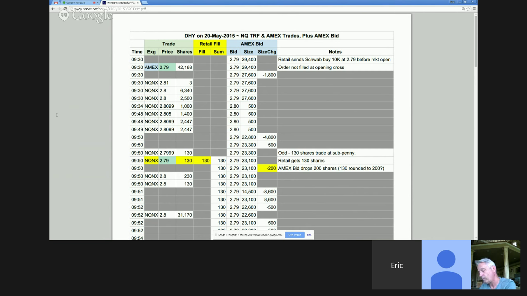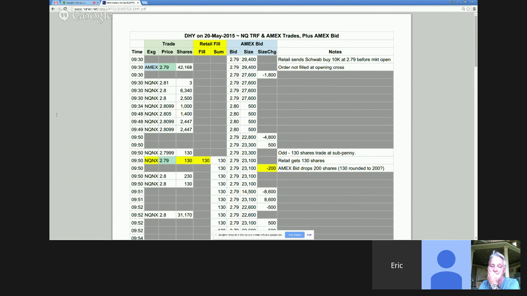He put in his order before the market opened with a limit price of $2.79, and the first problem he noticed was that he didn't participate at all in the opening price. Right. So zero fills. That's what I'm seeing.